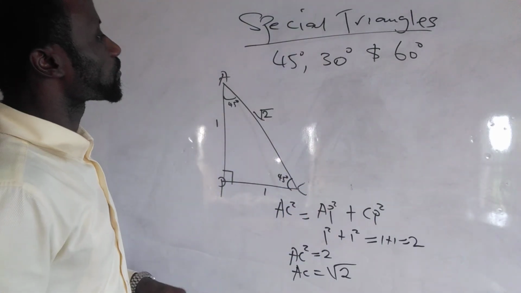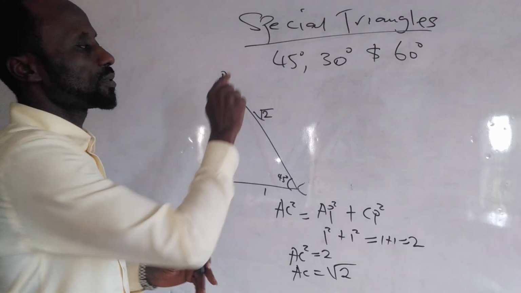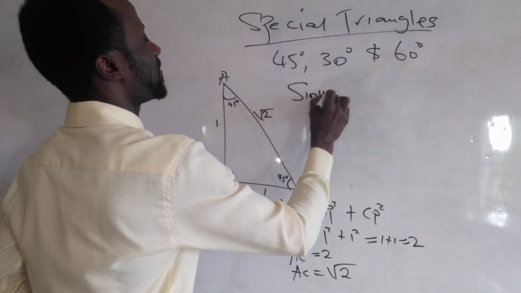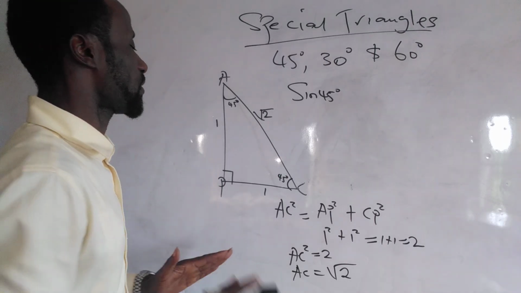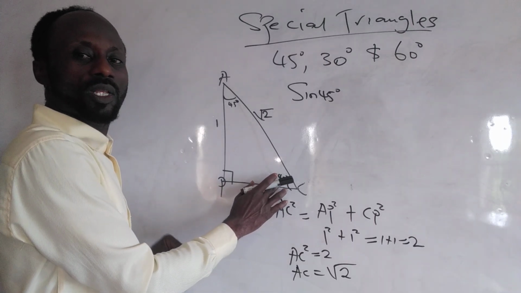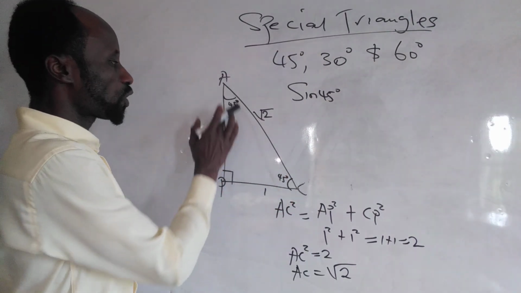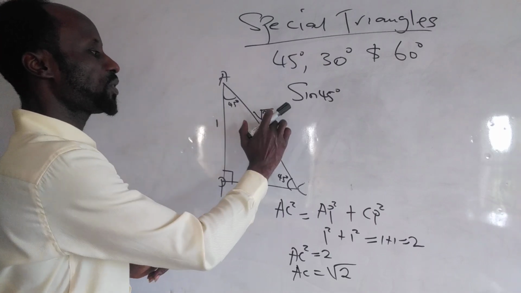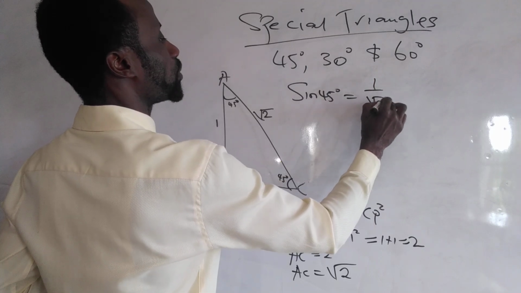Okay, now let us obtain the ratio of angle 45 degrees. I start with sine 45 degrees. What is sine? Sine is opposite all over hypotenuse. We are considering the angle at this base, which is corresponding to this side that is opposite. So opposite is 1, hypotenuse is root 2. That means that will be 1 all over root 2.